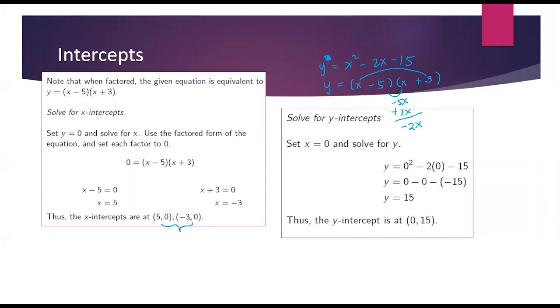How about the next? If you're asked to solve for the y-intercept, you set x equal to 0 and then solve for y. In this case, if x is equal to 0, the x squared term and the 2x term are also 0, so you only have y is equal to negative 15.